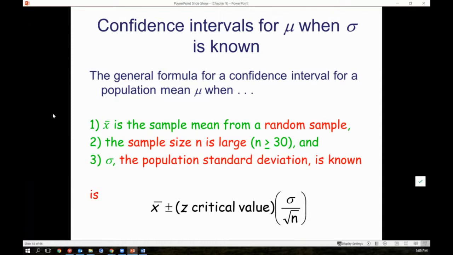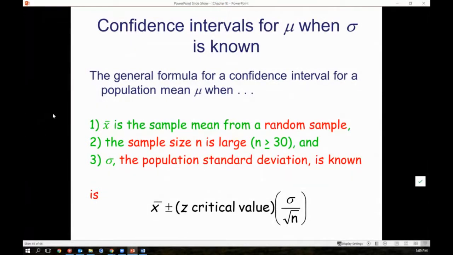So when we work these problems, we're going to have to either write it down or talk through it to make sure our conditions are met. You'll actually have a question that says, why can't you use this method? And you'll have to give me two reasons. That's just part of your worked out solution.